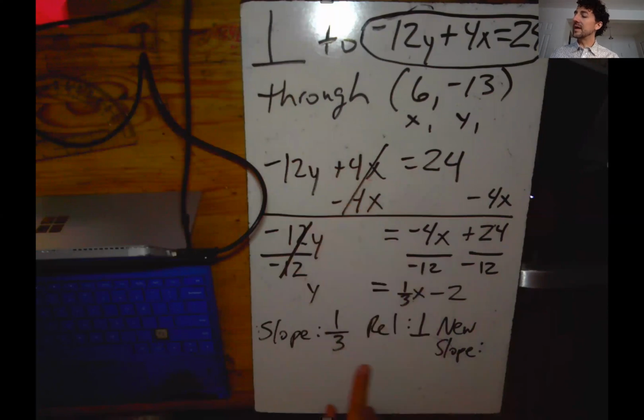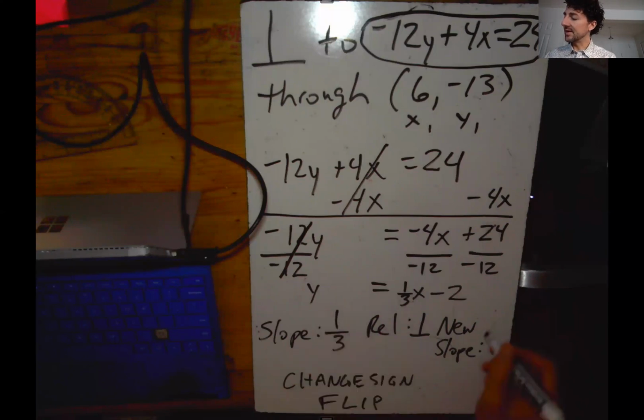When we make a perpendicular slope, we do two things to the original slope. We change the sign, and we flip the fraction. So this positive 1/3 needs to be now negative, and 3 goes to the numerator, 1 goes to the denominator. So 3 over 1, that's the same as negative 3.